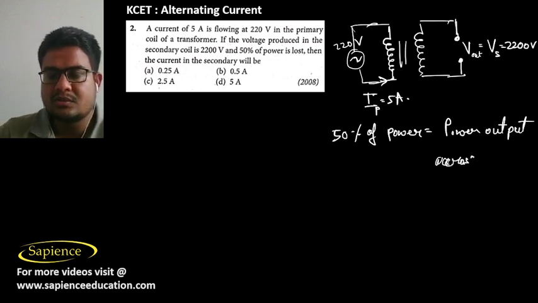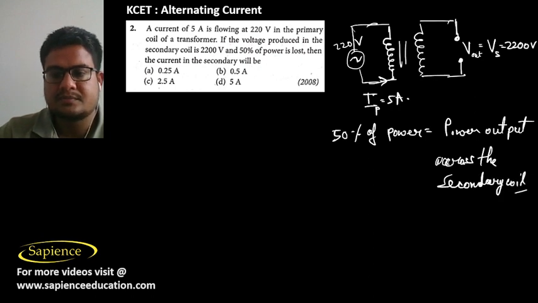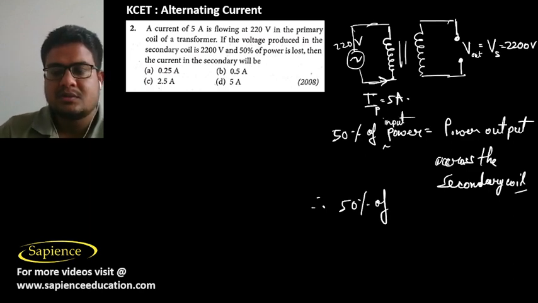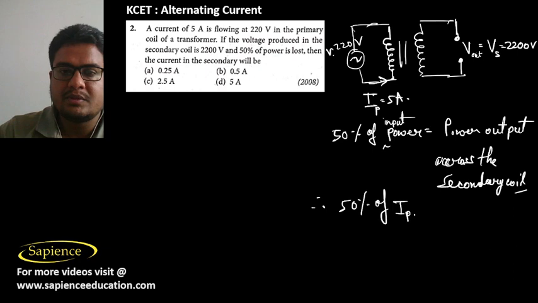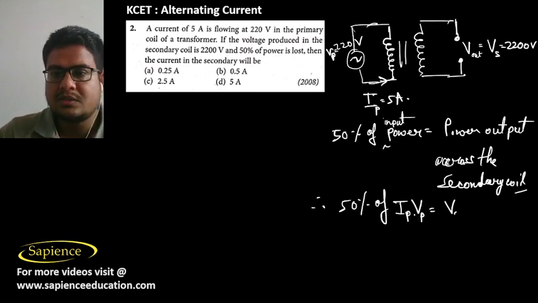Therefore, 50% of the input power, which is IP into EP, the voltage across the primary, is equal to Vs into the current in the secondary coil that we have to find.